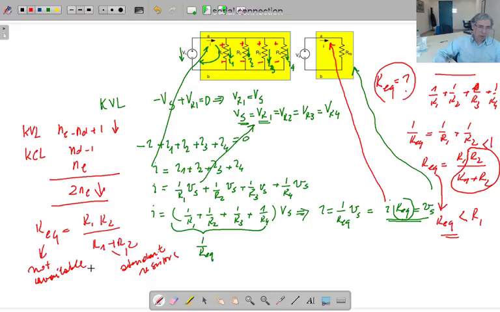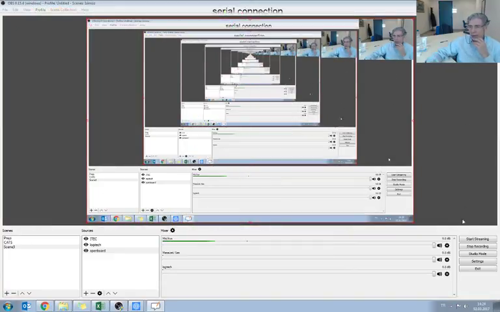Then, according to that formula, if you connect those two resistors in parallel, then you can get a resistor not available in the market. So that is another advantage that we could say. That is the end of this video then.